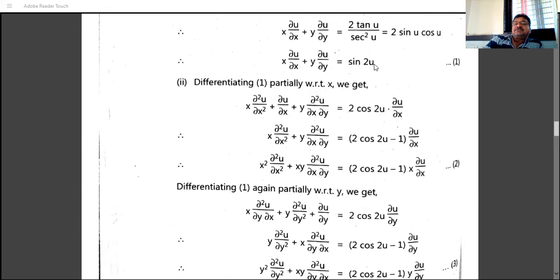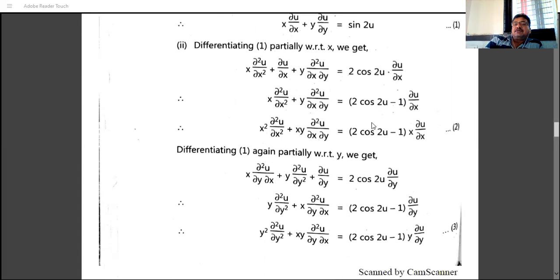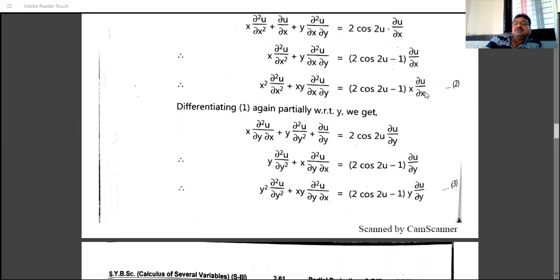So ∂/∂x of sin 2u is ∂/∂u of sin 2u into ∂u/∂x. So shift this ∂u/∂x to the RHS and take ∂u/∂x as common. So we have 2 cos 2u minus 1 in brackets, and then multiplying by x, we have x² in the first term, and here is the x ∂u/∂x.